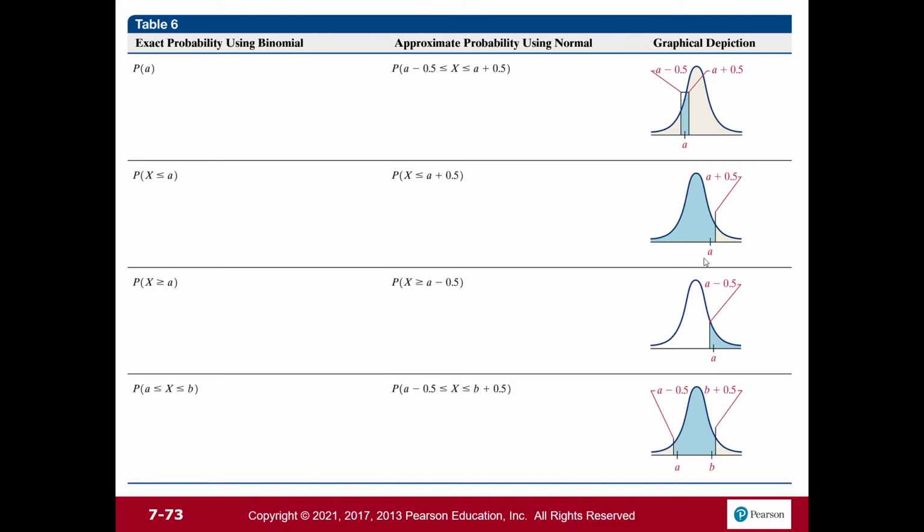We would use that normal distribution, but we're going to tack on that extra half. Same thing there. And whenever we need to find the proportion between a and b, we will subtract 0.5 and add 0.5 respectively.